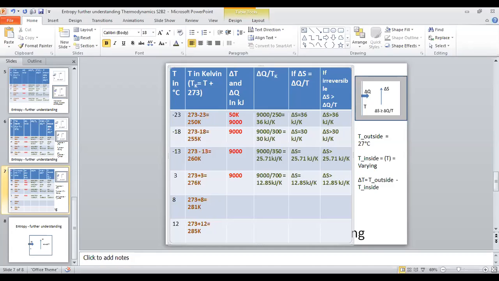You can say that is 50 Kelvins, because T outside is 27. So minus 18, you have another value, 45 K.